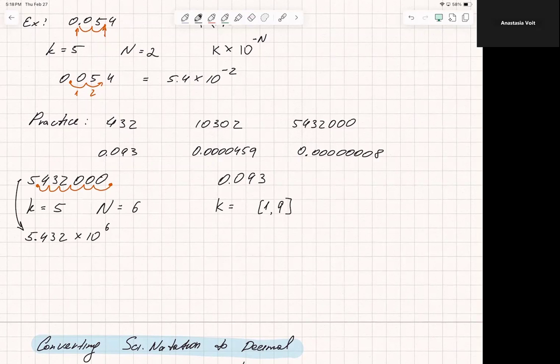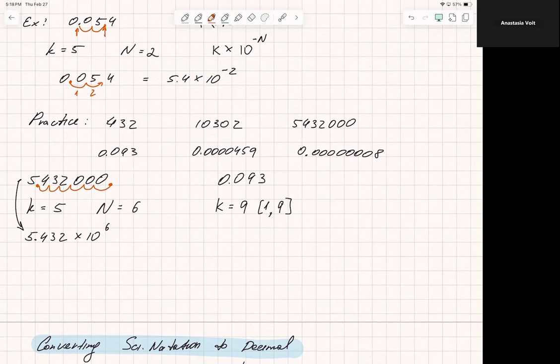So it can be 1, 2, 3, 4, 5, 6, 7, 8, or 9. It can also be 9, but it cannot be 10. It's not this 0, but this 9 it can be. So our K is 9.